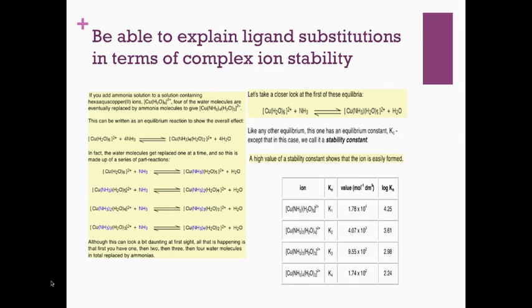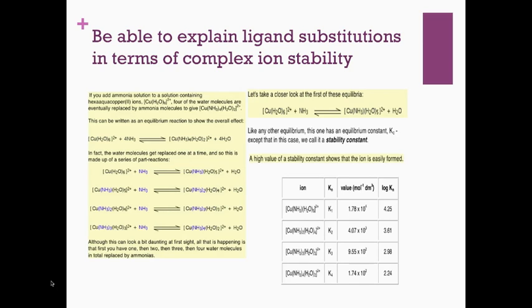Let's take a look at the equilibrium equation that is in the top right, between the complex aqua ion of the metal ion copper plus ammonia. It will come up and have a stability constant. The stability constant is nothing more than the equilibrium constant.